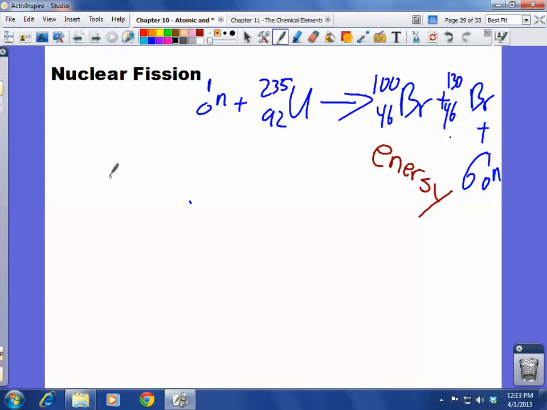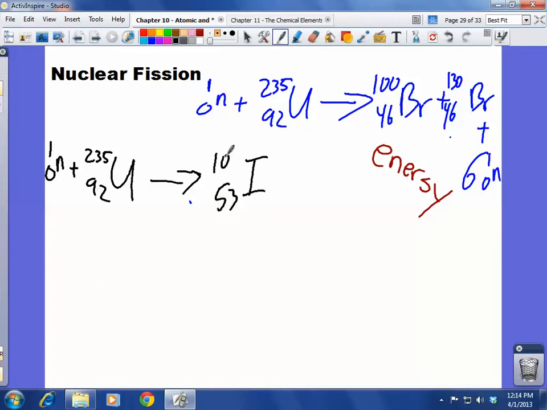If I take uranium-235 and I shoot a neutron at it, instead of waiting for that uranium atom to slowly emit an alpha, a beta, or a gamma particle, I'm going to make it split right away. In this case, this uranium is going to split. One thing that could happen is it could split into iodine, let's say 153, along with something else, and let's say 4 neutrons.